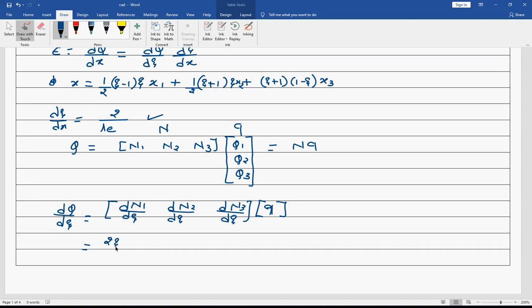I am going to get (2 psi minus 1) divided by 2, plus for N2 I get (2 psi plus 1) divided by 2, and then I will get the N3 term. This is what I am going to get after differentiating.